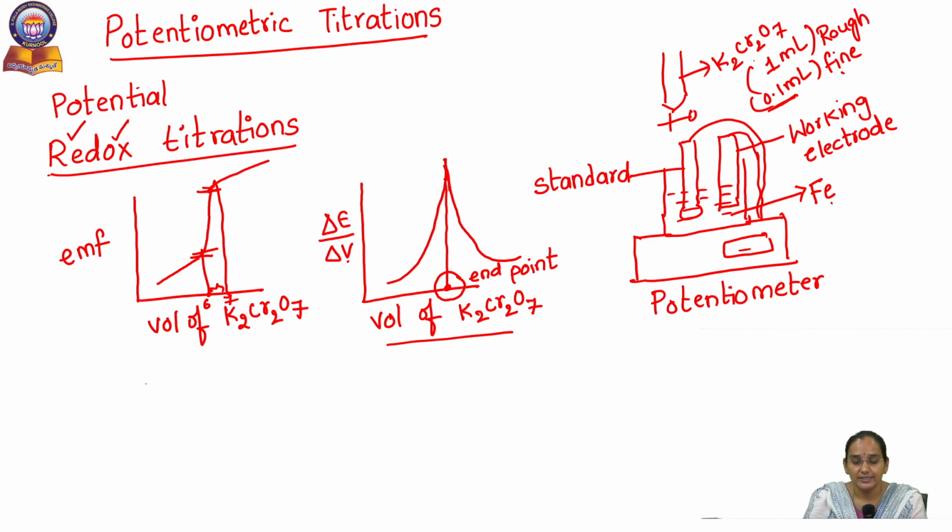If the solution is turbid, that is, not clear, we can still calculate its concentration using potentiometric titration. And if the concentration of the solution is very dilute, for example 0.0001, we cannot perform the volumetric titration. In that case, using potentiometric titration, we can simply calculate the concentration even if it is dilute.